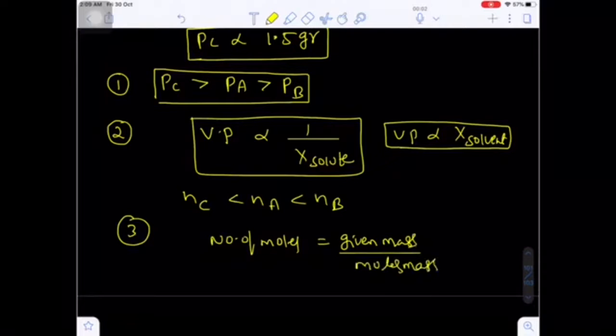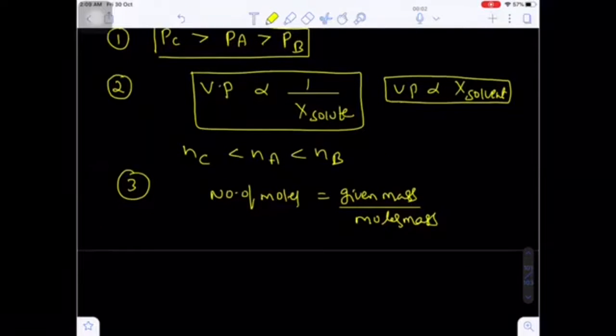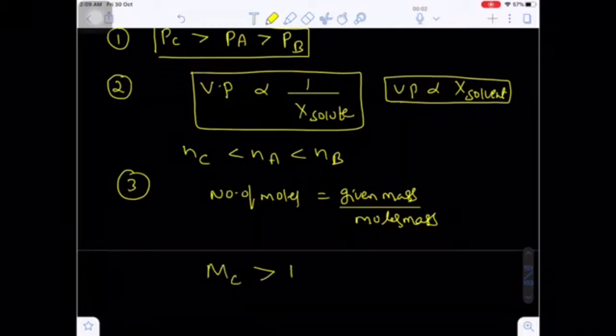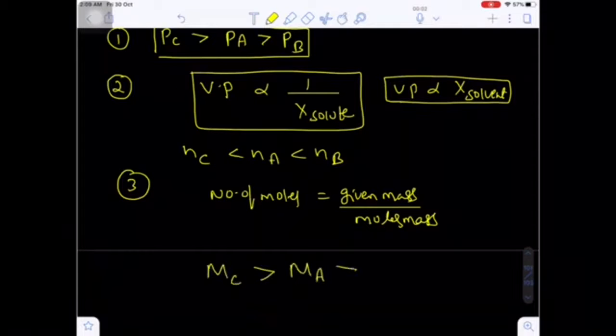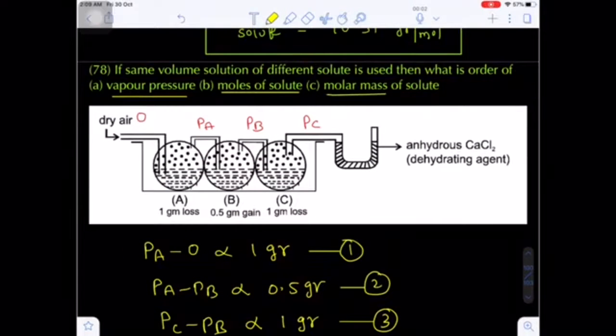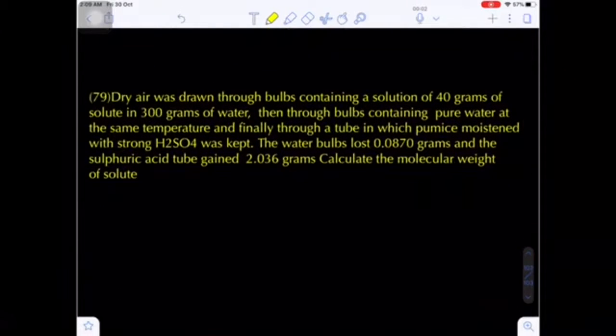Suppose the given mass is constant for the three solutes, then moles and molar mass will be inversely proportional, according to which the number of moles of C will be less. That means its molar mass will be more. So MC greater than MA greater than MB. Yes or no? So this is the third question, that is the order of the molar mass of the solute.